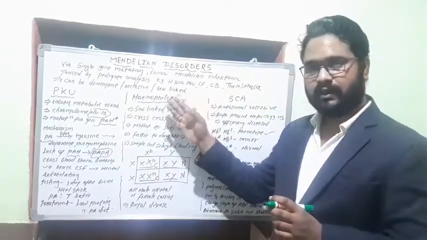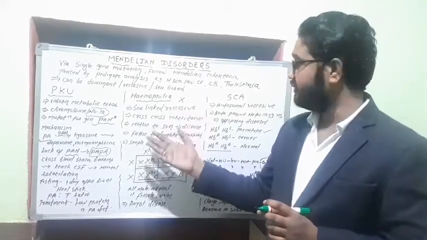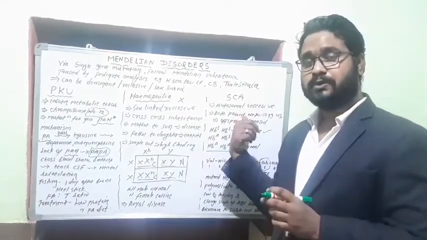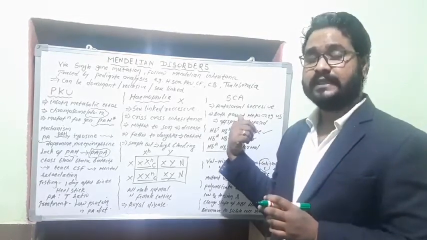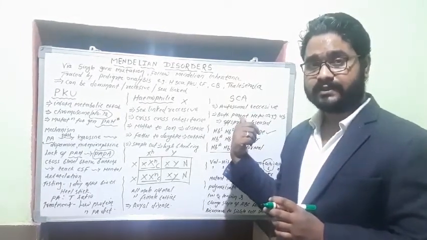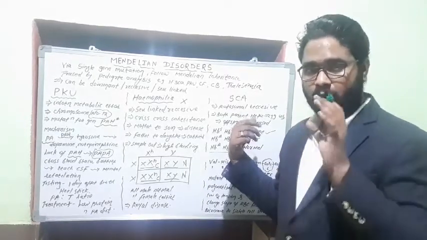In this case, the pattern is sex-linked and recessive and crisscross pattern, and here in this autosomal recessive sickle cell, where is that mutation? It is in the 6th amino acid of hemoglobin protein, where glutamic acid is being replaced by valine.